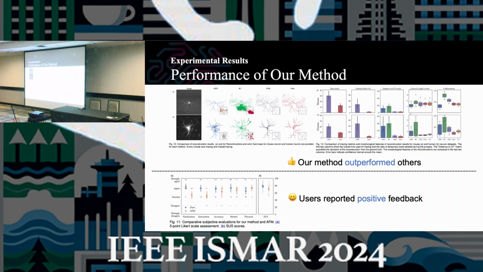When manual guidance is added, as with AFM and our method, the results improve significantly, with our method providing the most complete reconstruction. In the upper right, we have a quantitative comparison across all metrics: time, deletion ratio, and accuracy. Our method outperforms AFM and other techniques, demonstrating its superior accuracy and efficiency.